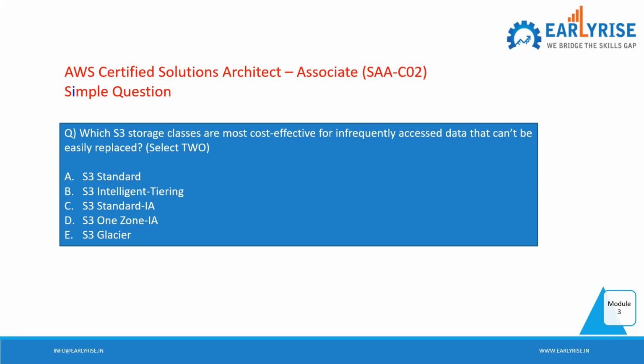C and D. C is Standard-IA and D is S3 One Zone-IA. Infrequent access, C and D.